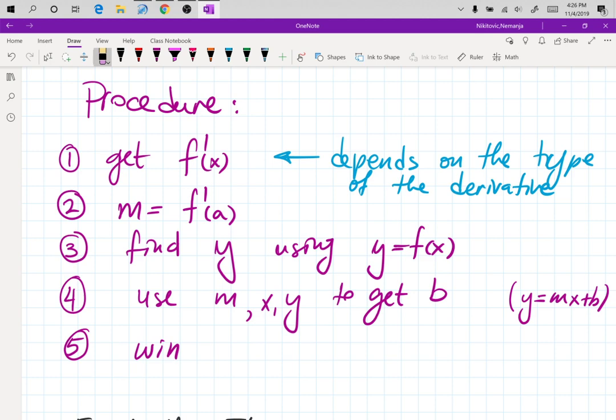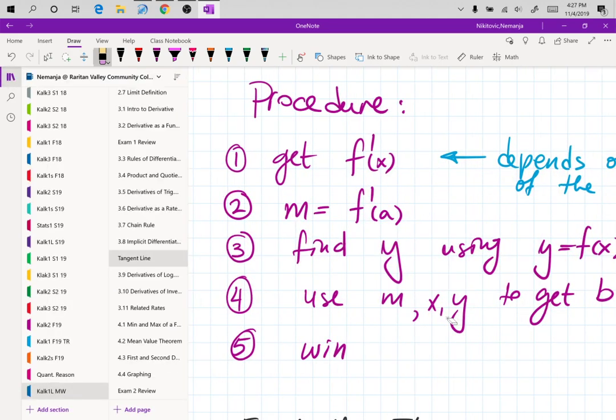So implicit differentiation, logarithmic differentiation, quotient, product, chain, basic, inverse, trig, all of them fall into get the derivative, right? And then to find the slope, you plug in the value given to you in that derivative, and then find the y and do mx plus b to find b, you're done. Number 5, right? Win. So that's the deal for the tangent line.